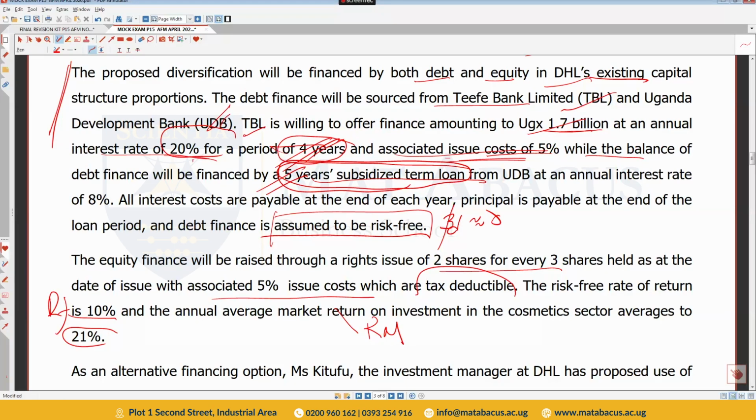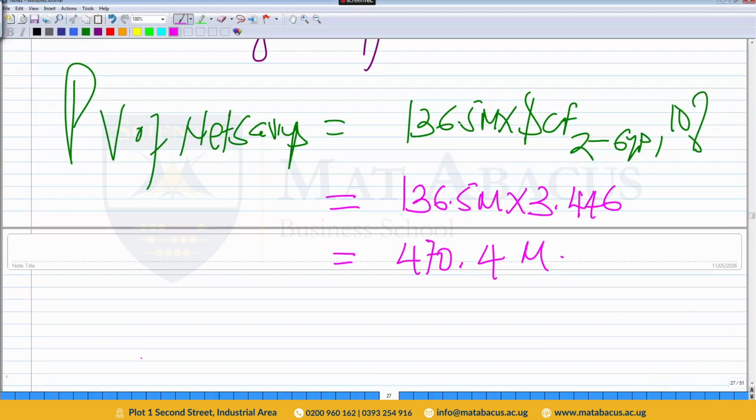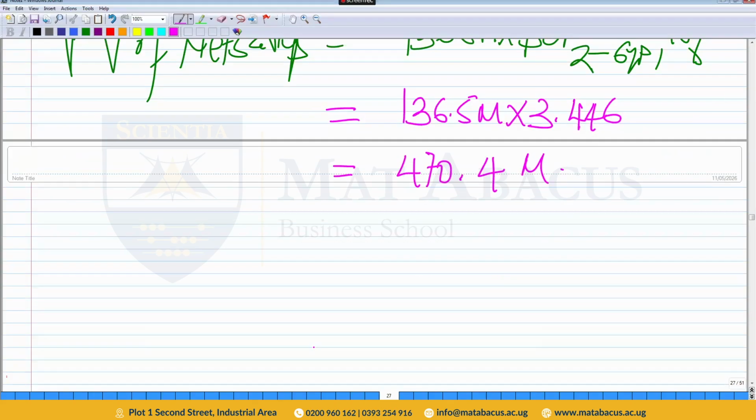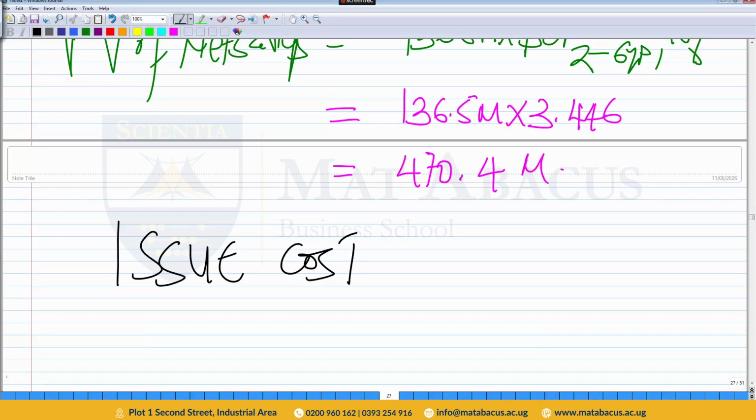You go slow. Please note, what you see is actually net borrowing. The rule is you borrow enough money, including issue costs. Therefore, we are looking at issue costs.